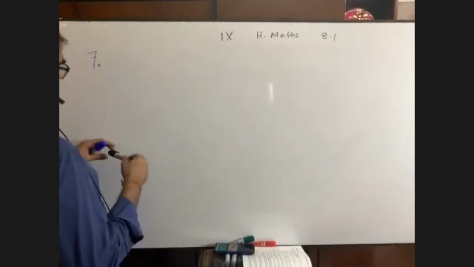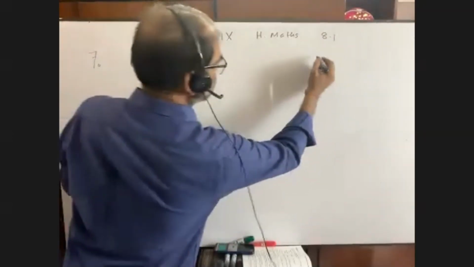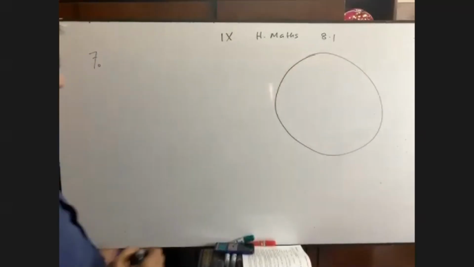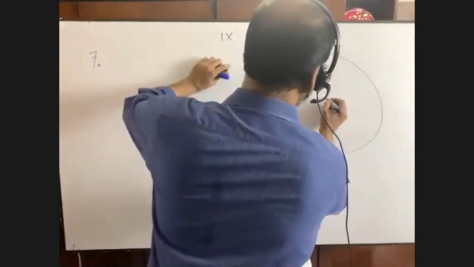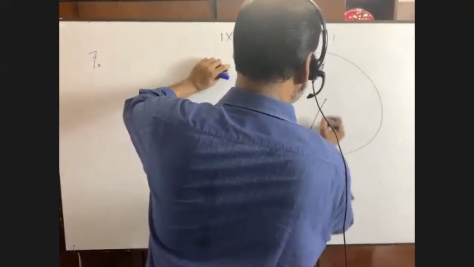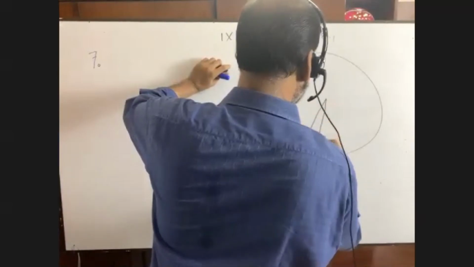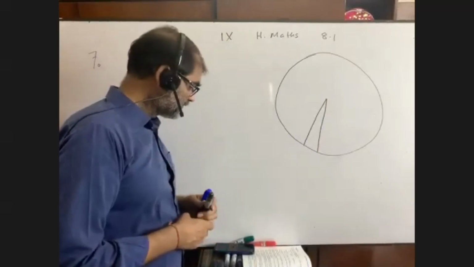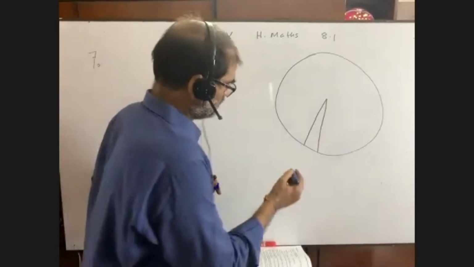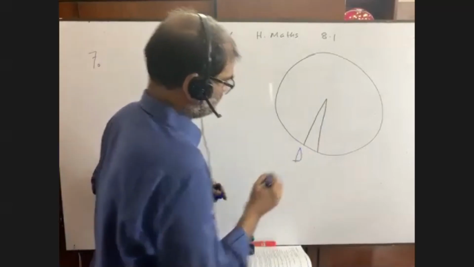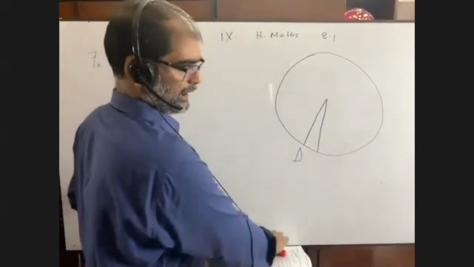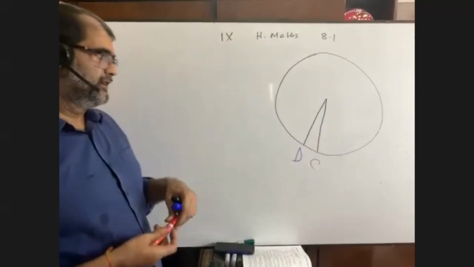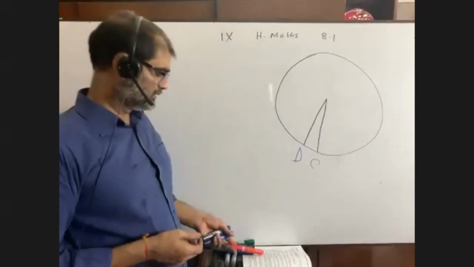Please try to understand. This is Earth. Suppose Dhaka and Chittagong. It is Dhaka, and it is Chittagong. Two places are on the surface of the Earth.